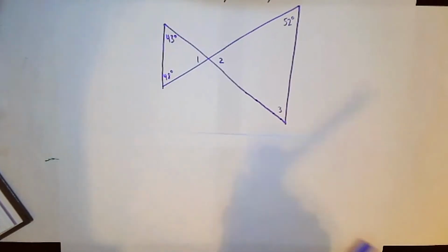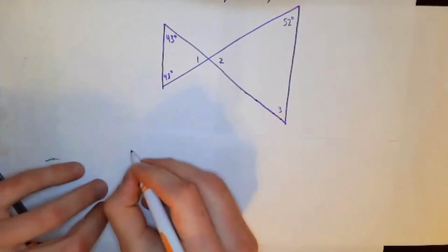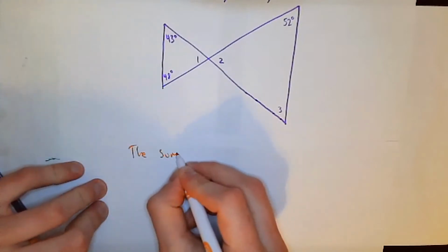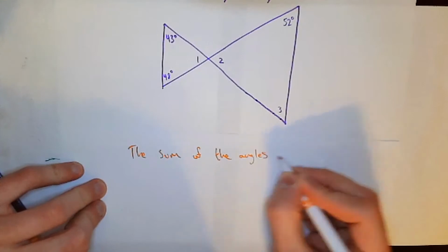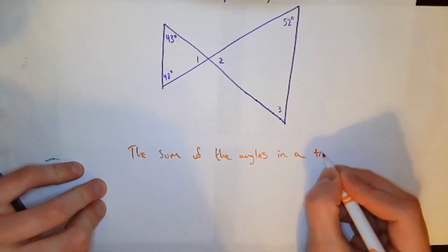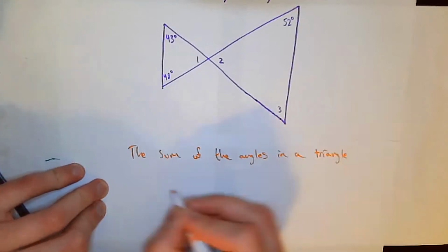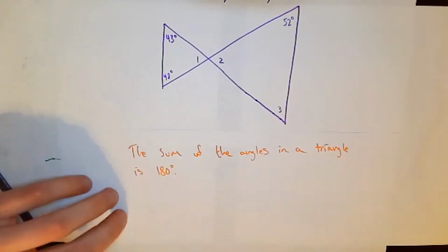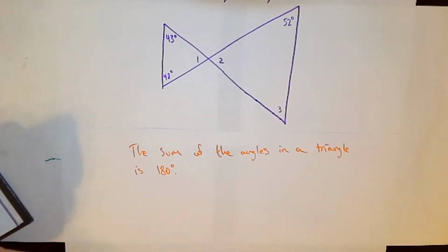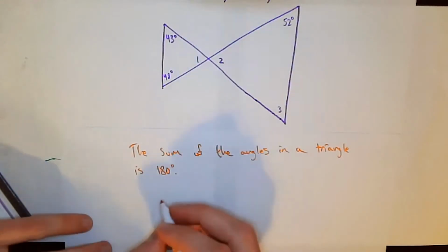Well, the first thing I need to know is that the sum of angles in a triangle should be 180. The sum of the angles in a triangle is 180 degrees. So what does that mean for angle 1?